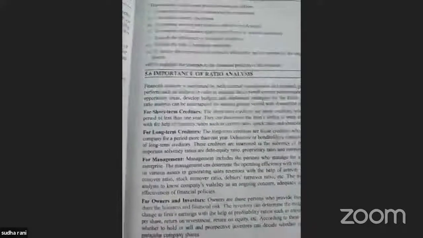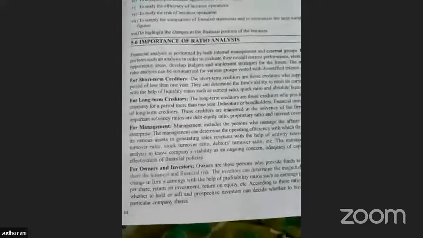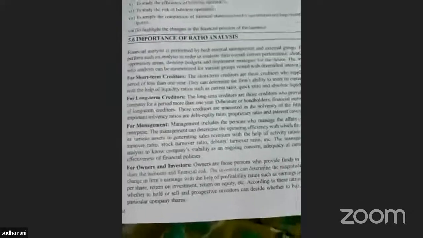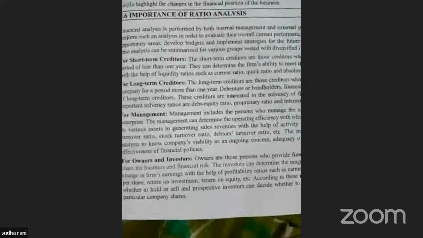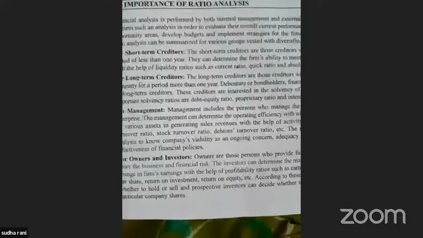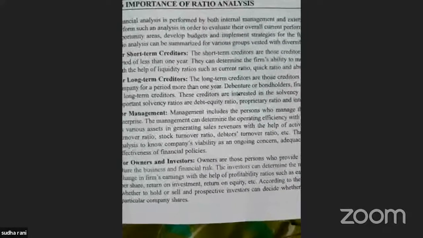What about the existing shareholders? Being an existing shareholder, I would like to know to what extent I am going to get returns on my investment in the company, and whether the company is performing well or not. Should I continue in the same company or should I sell my shares of this company?